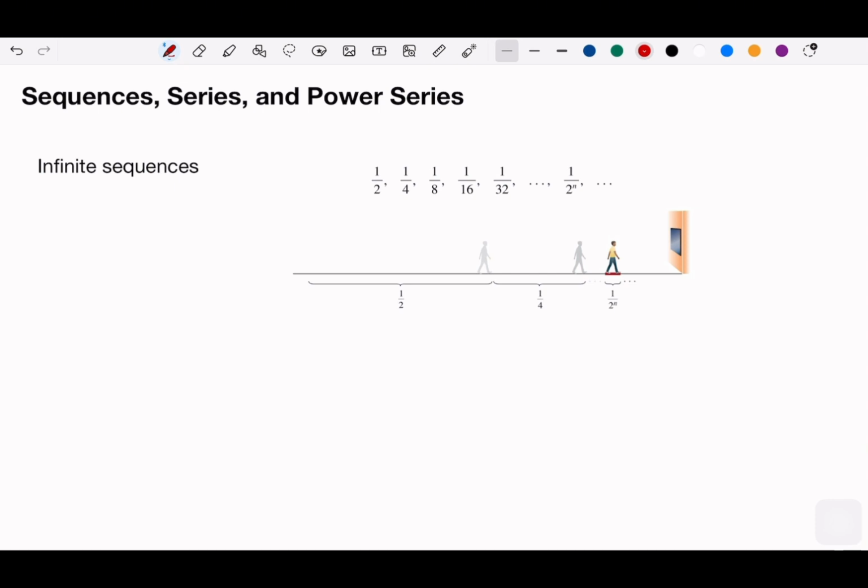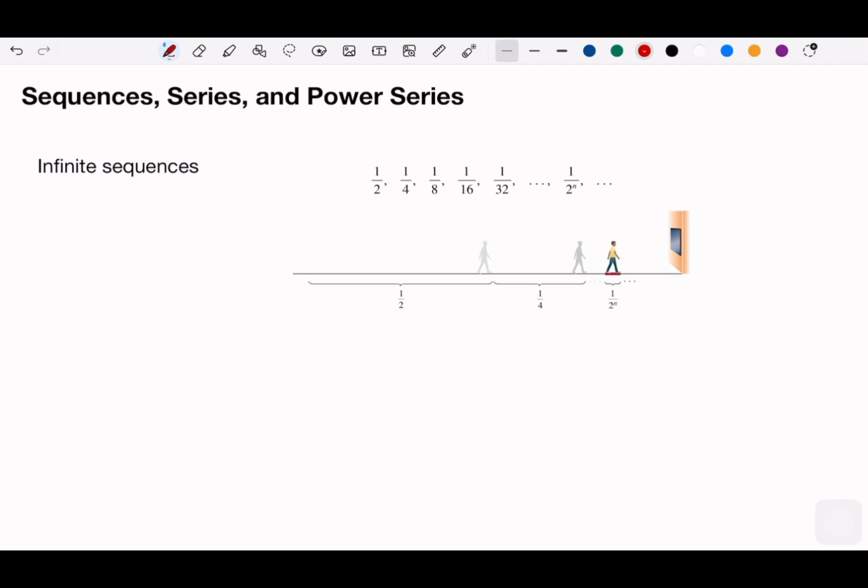When someone walks approaching the wall, the rules of how he walks is, for example, if this is going to be 1 meter distance, he can walk half of it every taken action.